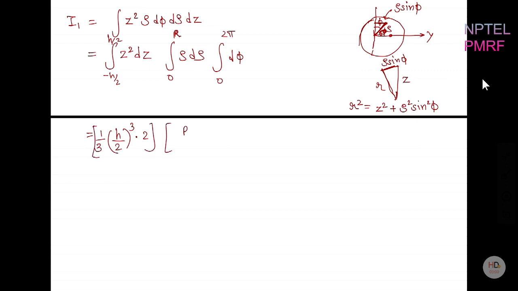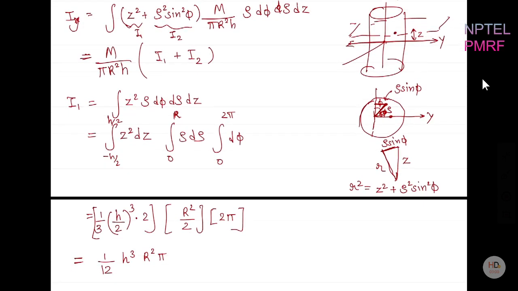This is r square over 2. This is 2 pi. Okay, so this becomes 1 over 12 h cube r square pi.